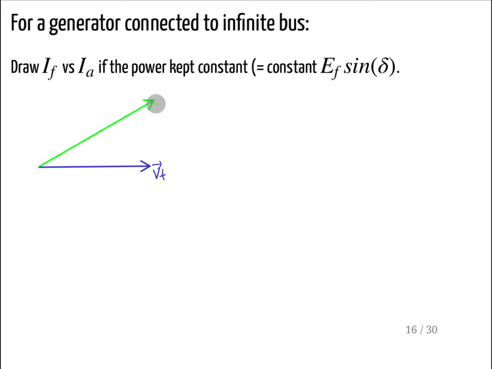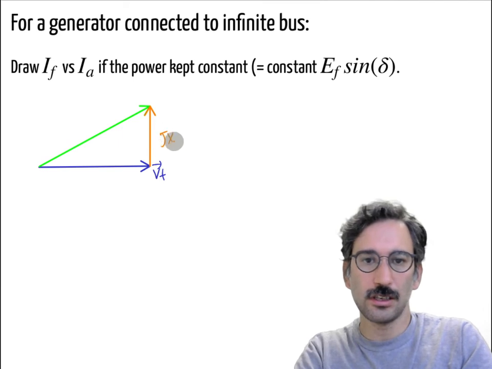Let's say it is at unit power factor here. So at that part, this is J XS IA, that is EF.